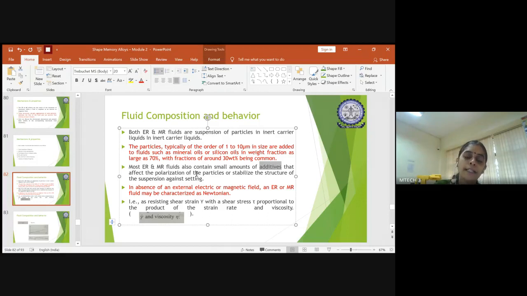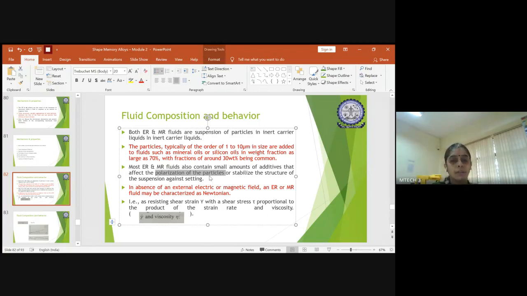But that is not the case with piezoelectric material, right? Here these particles are called active additives. It is also known as carrier liquids, and also known as additives or the solid particles added in the fluid. This also helps in improving the polarization of the particles. This is the third point you have to understand, the third composition concept.